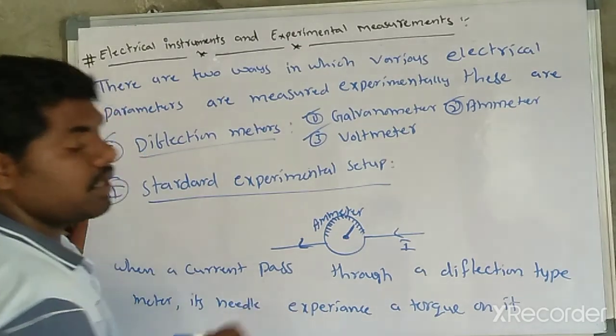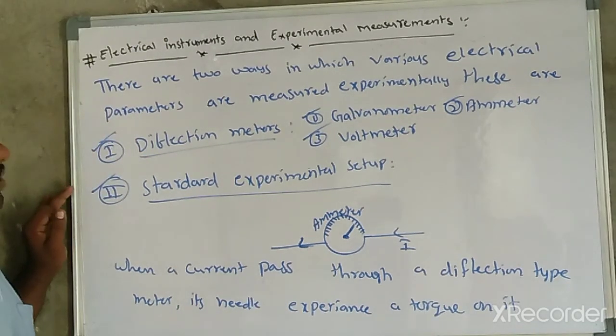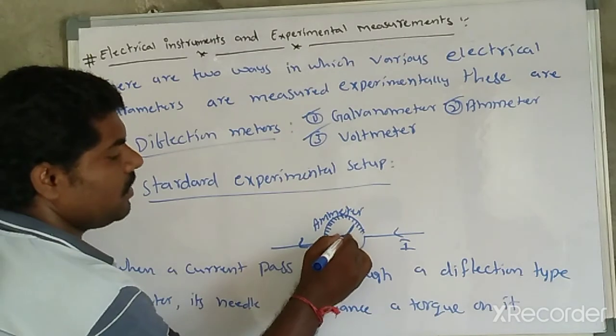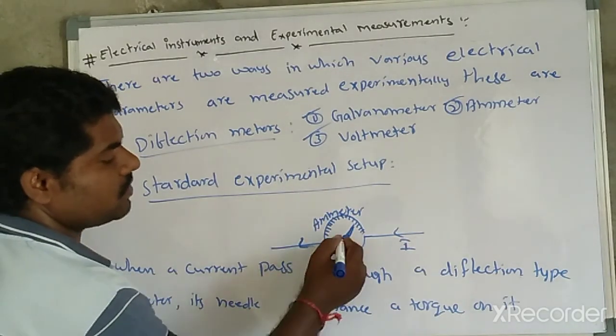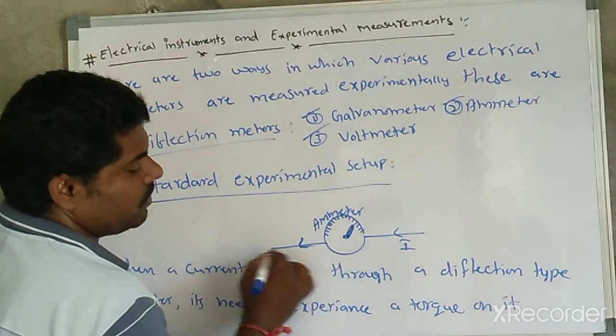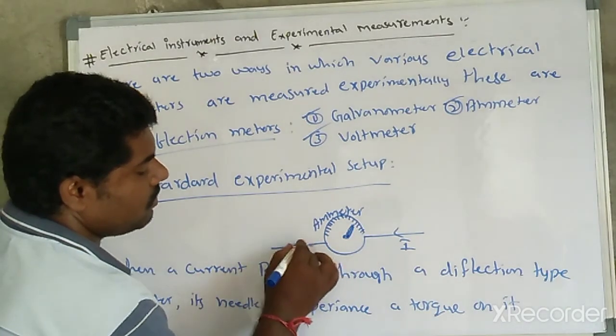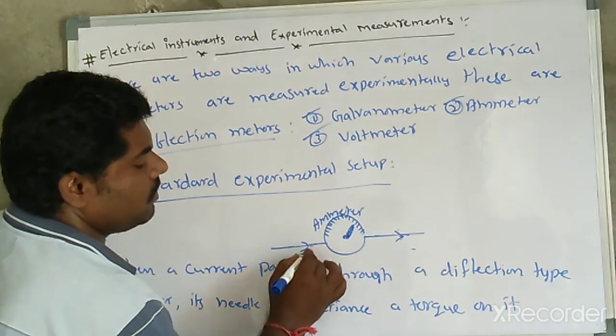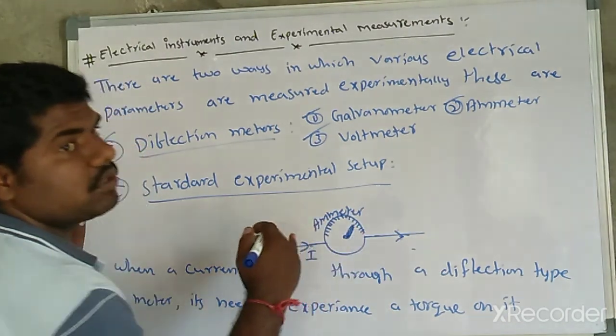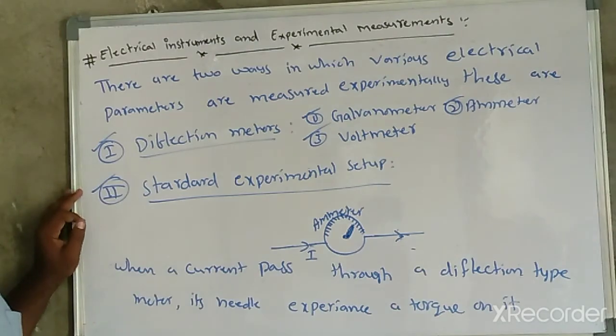That's why there is deflection. Here the current moves in this direction, and this is the deflection. If the current moves in the opposite direction, the deflection is in the opposite direction.